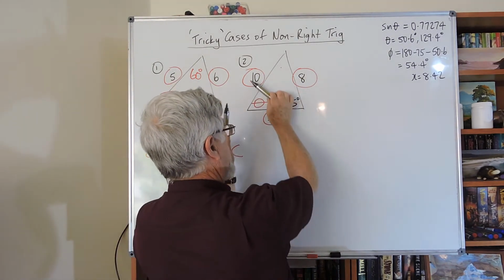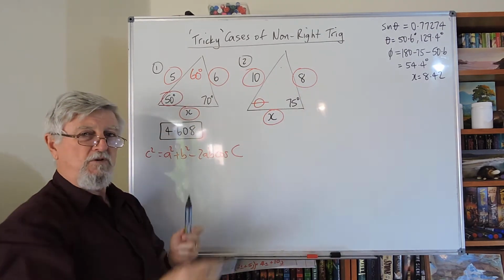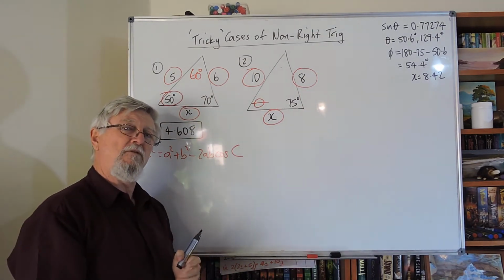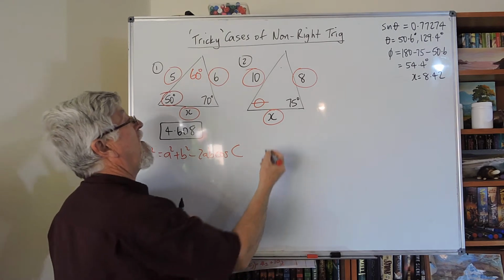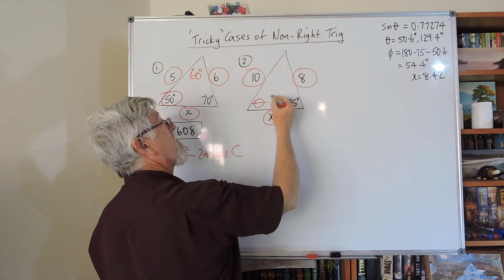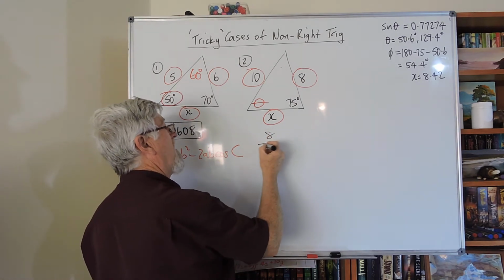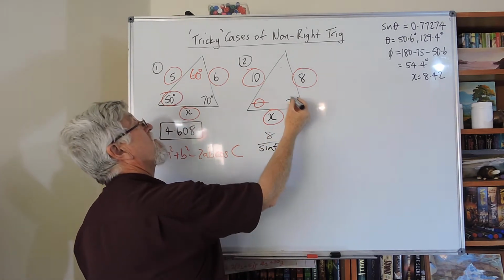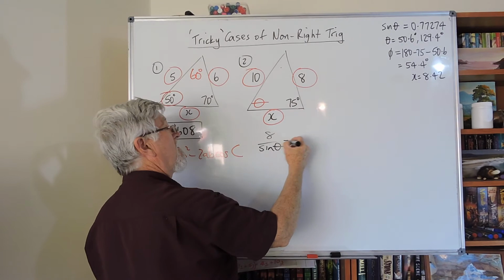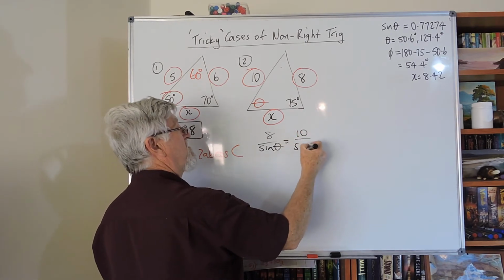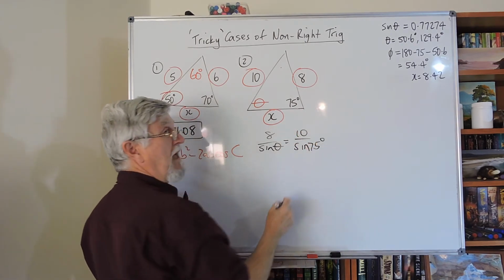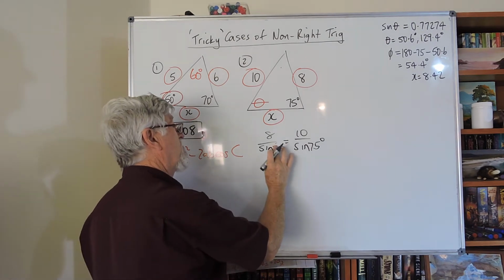It looks like a cosine question, but you need first of all to do a sine. I'm going to look at this pair here. That will be 8 over sine theta, whereas this one will be 10 over sine 75.